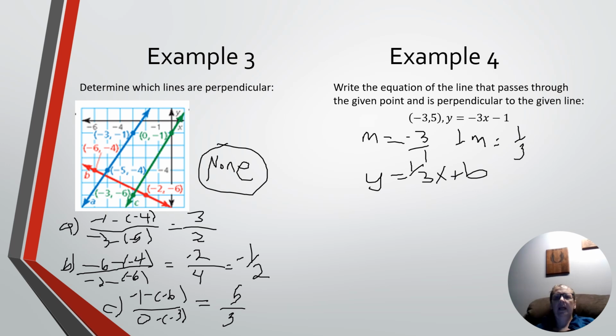And now I'm going to plug x and y in there. So y is 5, and x is -3. So I multiply that out. 5 equals 1/3 of -3, which is -1, plus b.